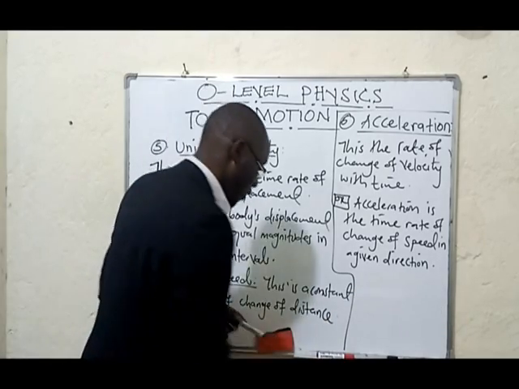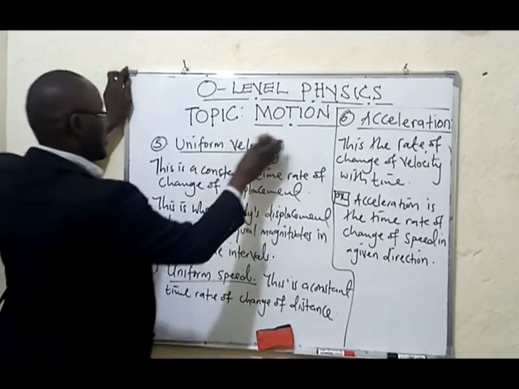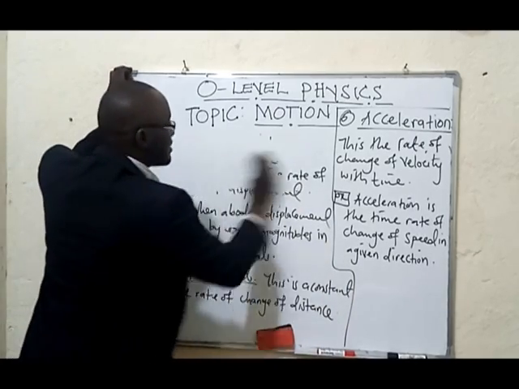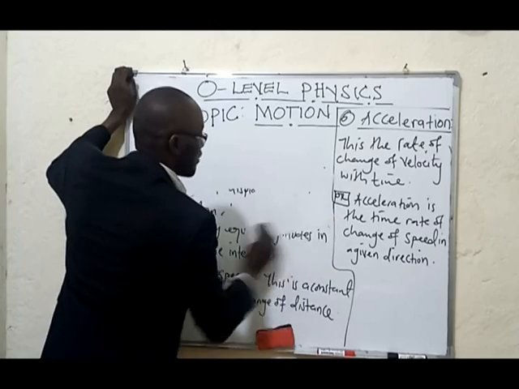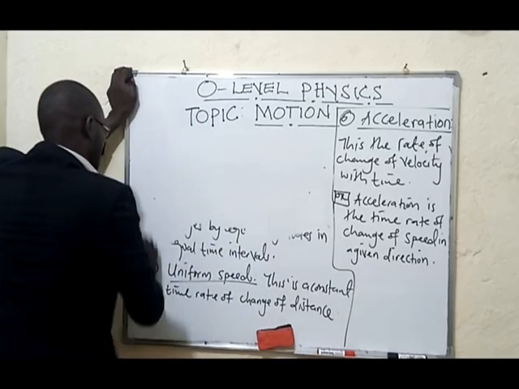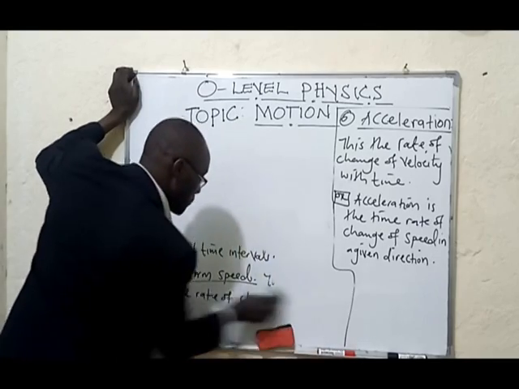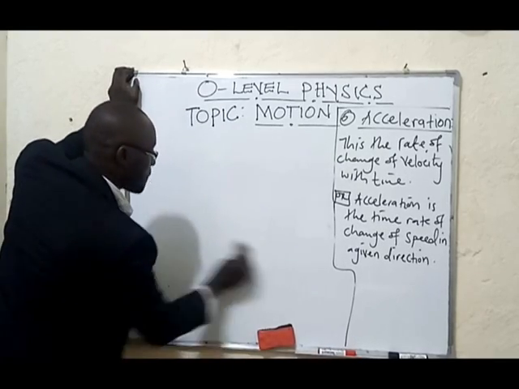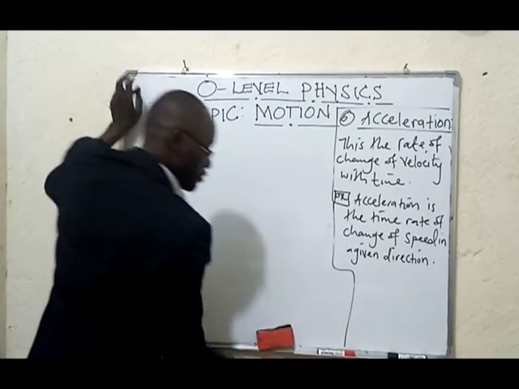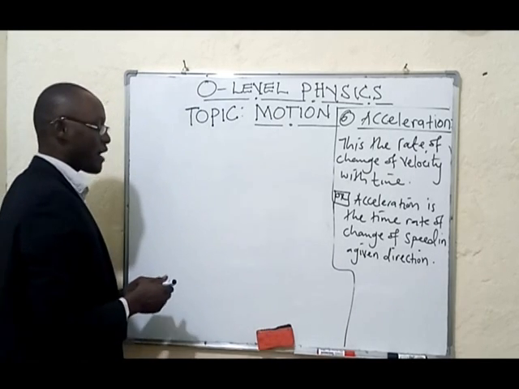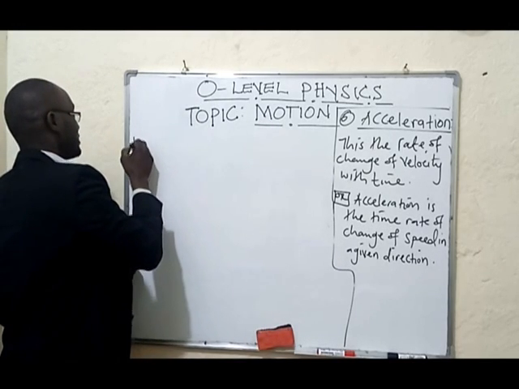So we can define acceleration mathematically as change in velocity over time taken. At this level, I expect you to be having a revision book of definitions only, to master them.